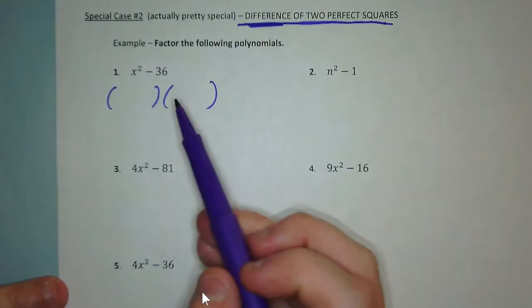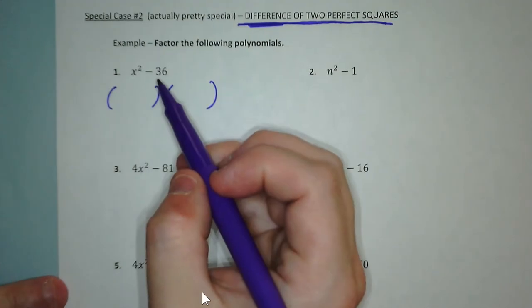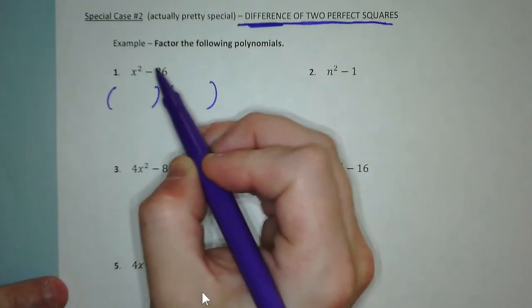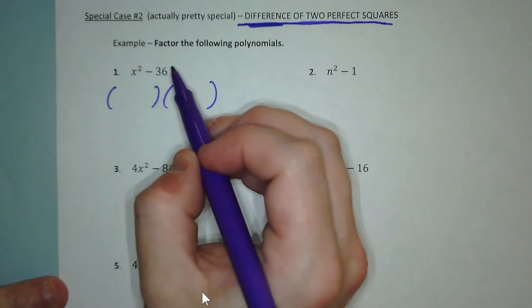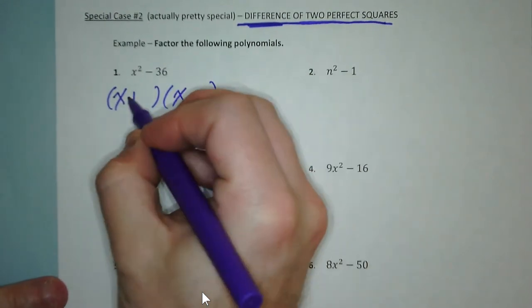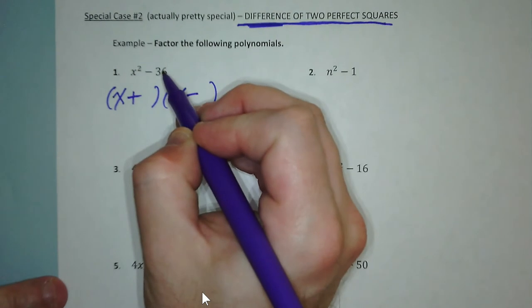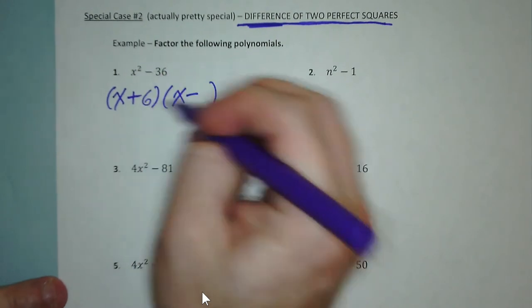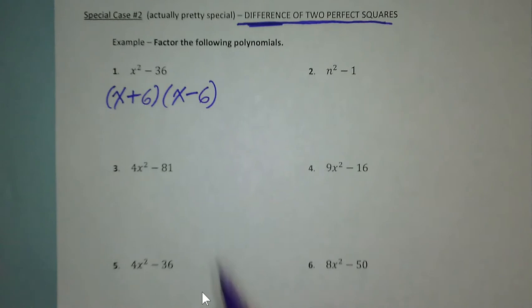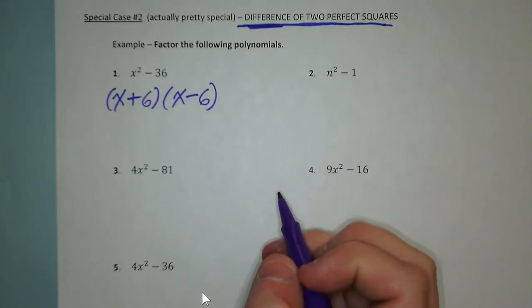So the only chance that this has to unfoil is if it's the difference of two perfect squares, which it is. And so you put x and x, and then one bubble is plus, one bubble is minus, and whatever the square root of 36 is, that's what goes in the bubble. So your bubbles are x plus 6, x minus 6. And that's how simple this is, as long as you know what you're looking for.